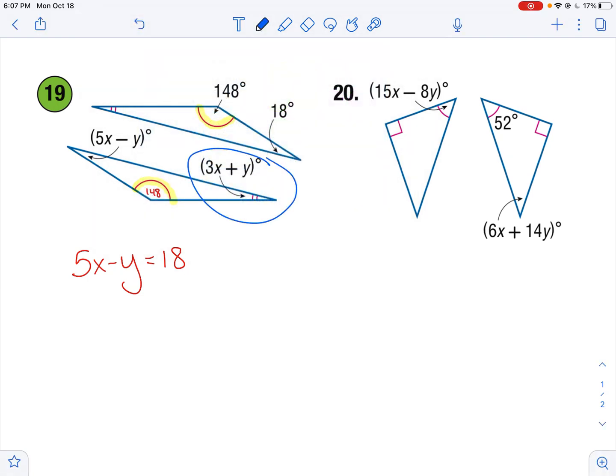Now this part has two markings, so it must correspond to this third angle. So 3x plus y equals what? Well, shoot, I don't know what that third angle is. But luckily, I do know the triangle angle sum theorem, so I know that this angle plus these two should add up to 180.